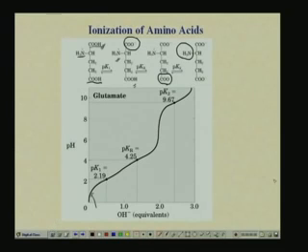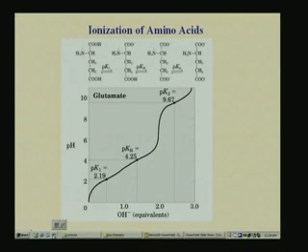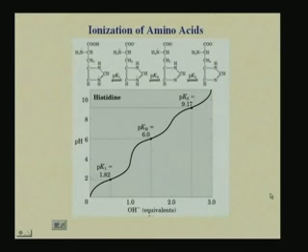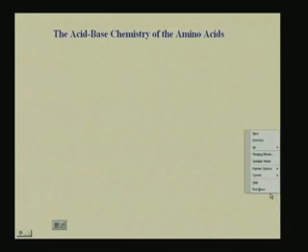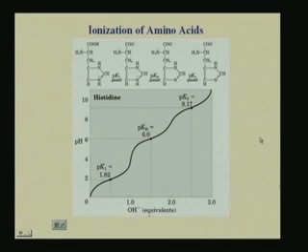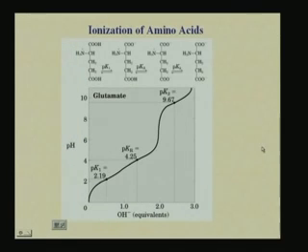So, the 3 pK values that I now have correspond to the, what does it correspond to? We have 3 protons that can be lost. Okay. So, what do we have? We have 3 protons that could be lost.